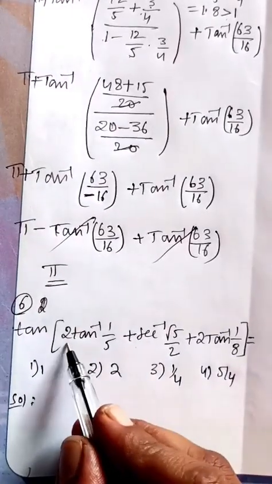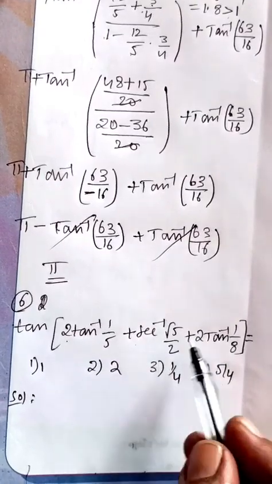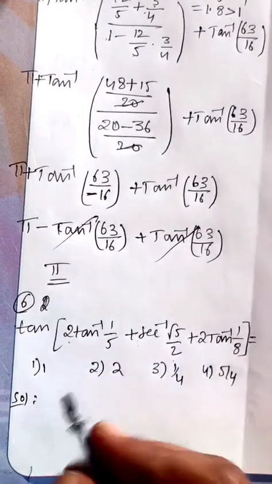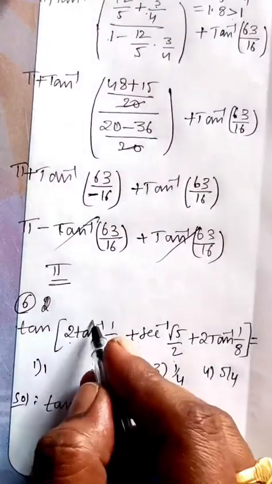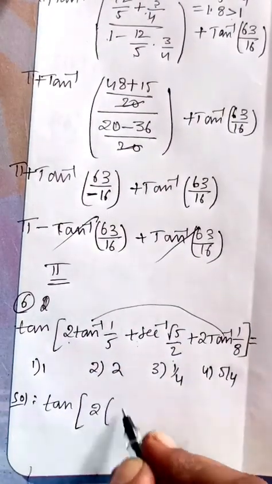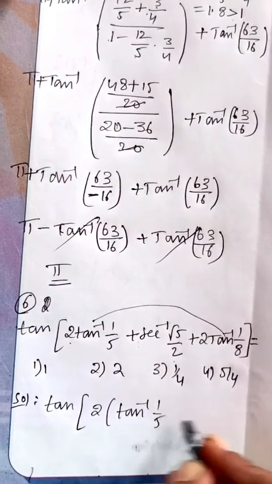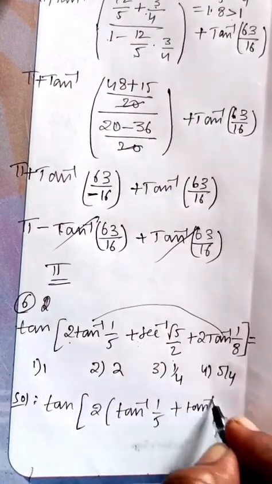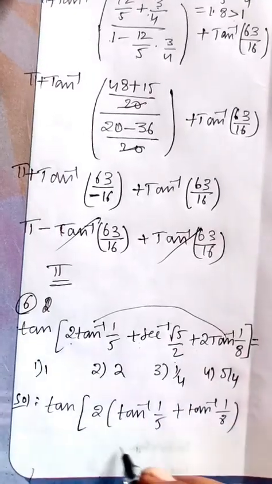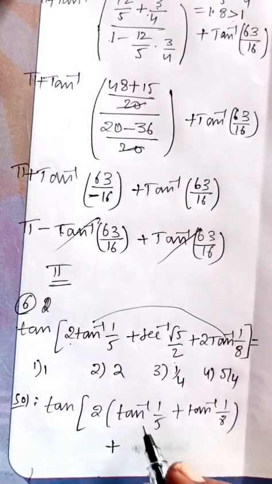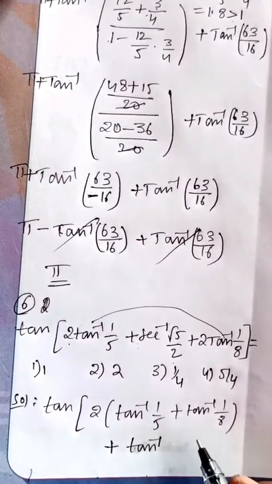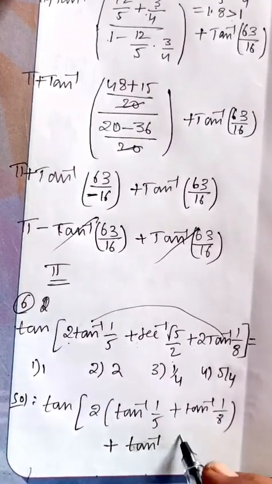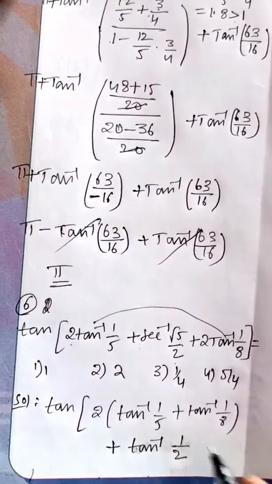Next: tan of 2 tan inverse 1 by 5 plus secant inverse root 5 by 2 plus 2 tan inverse 1 by 8. From the first and last terms take 2 common: tan inverse 1 by 5 plus tan inverse 1 by 8, plus secant inverse root 5 by 2, which can be written in terms of tan inverse using a right angle triangle. It will be 1 by 2.